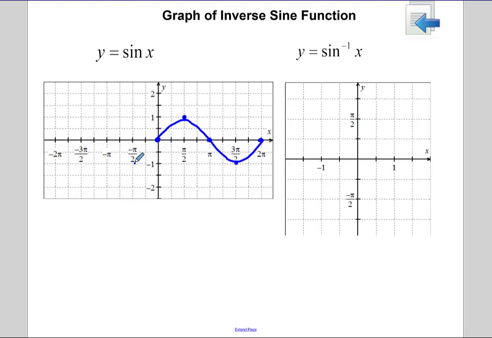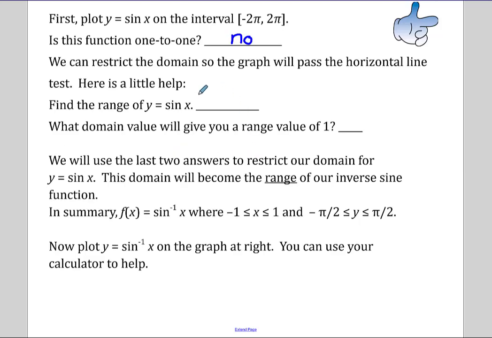If we go backwards, we have a min, an intercept, a max, and an intercept, and we've graphed between negative 2 pi and positive 2 pi. Now, that function fails the horizontal line test. And you notice that the range is between 1 and negative 1.